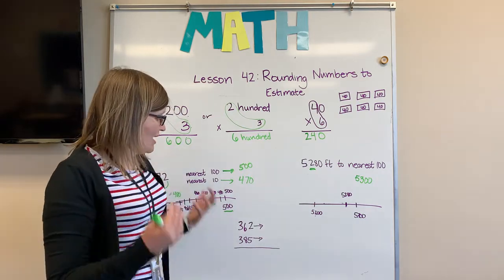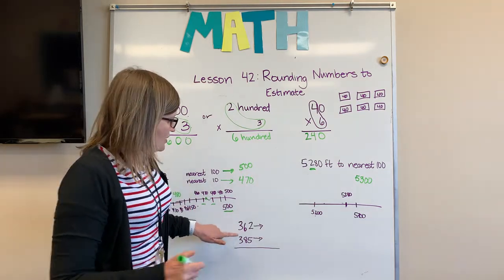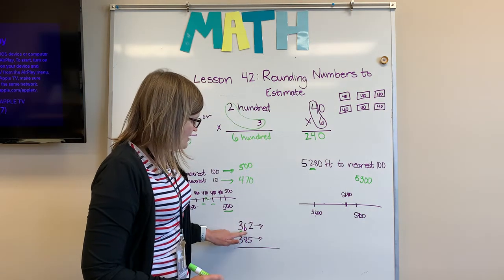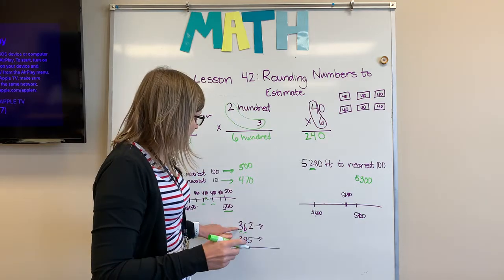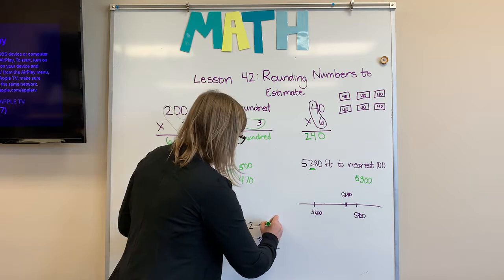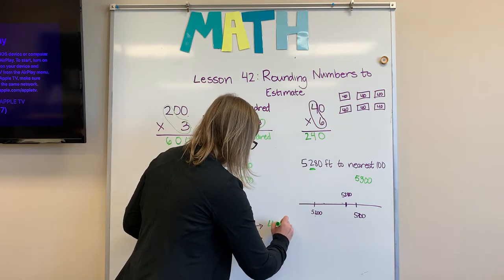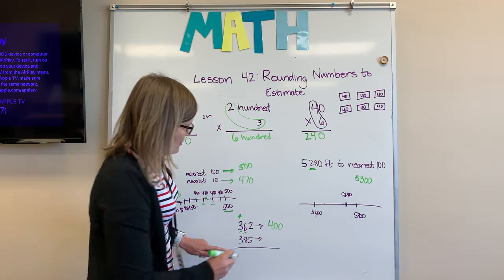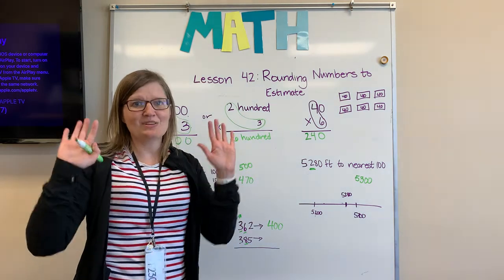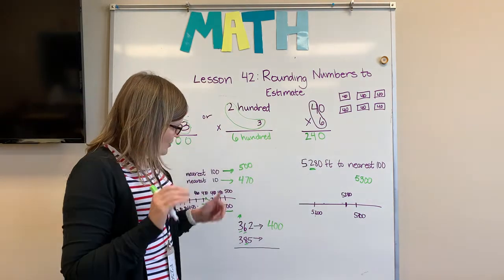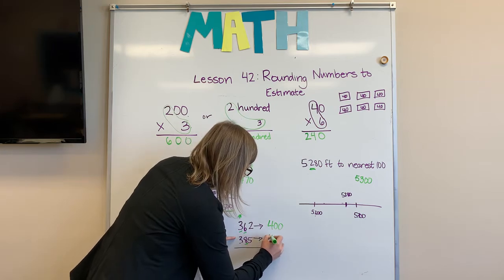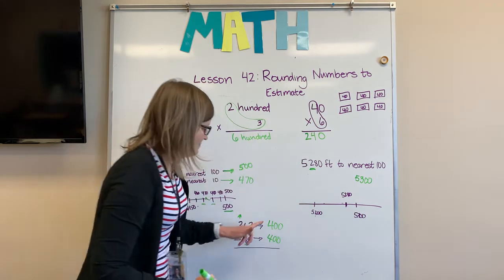I can just round it to the nearest 100. So I look here, here's 3 and here's 6. I look at the 6, greater than 5, so I know that this is going to round up, and that's going to be 400. Now I look at my other number, 385. I look at my 8. 8 is on the rounding up end for 3. And once more, I round to 400.